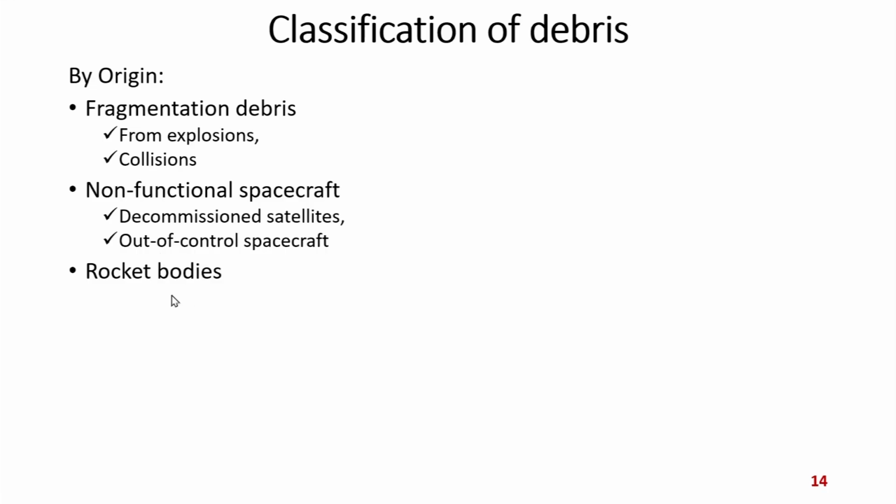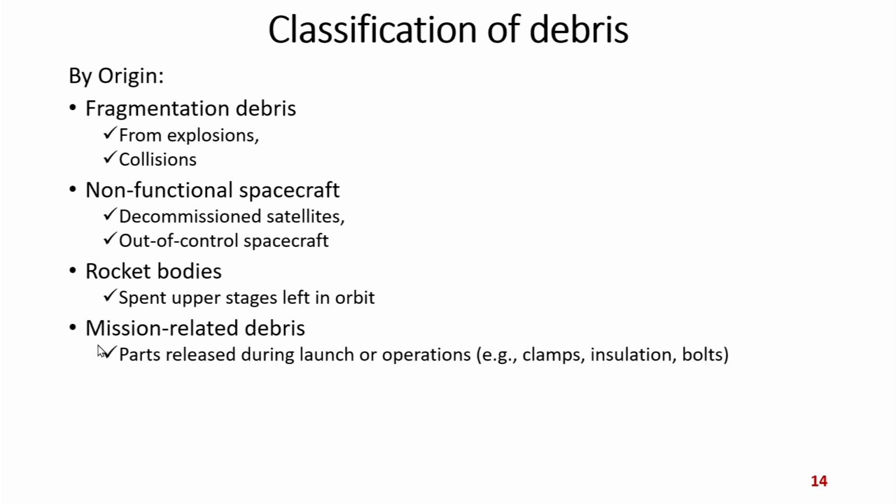Then it can be non-functional spacecraft, such as decommissioned satellites or out-of-control spacecraft. Then rocket bodies, which are spent upper stages left in orbit. Then mission-related debris, meaning various mechanisms are used and those parts can be released during the launch operation, like clamps, insulation, bolts, all those things.